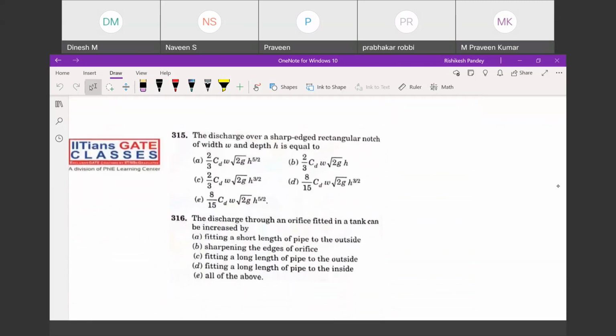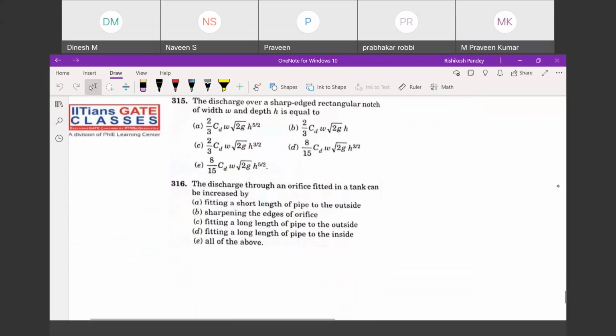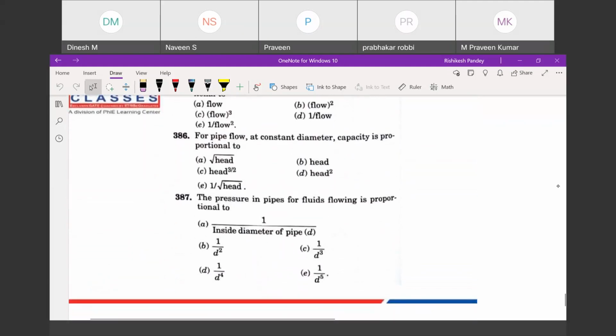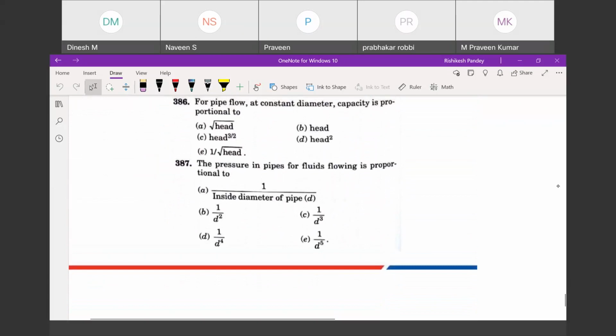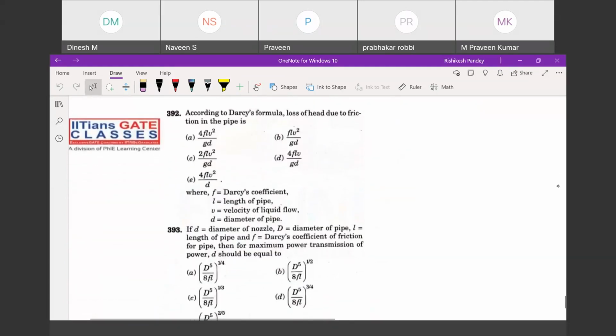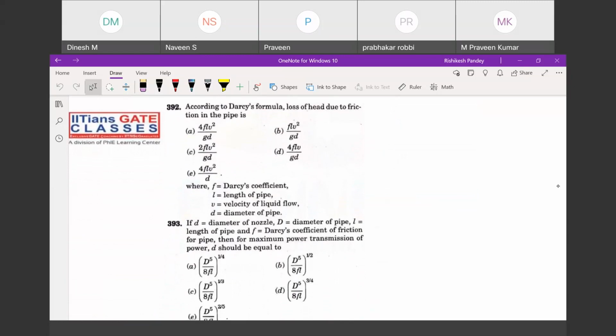Okay, these questions are related to the topics we studied in the last lecture, which we have already studied. You can tell the answer for 392.